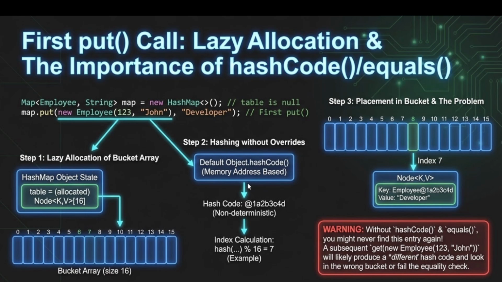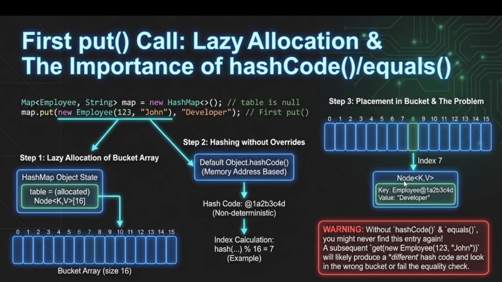We have not created any custom hash code method here, so the default object hash code method will be called, and the hash code will be generated as per the hash code method. It is not deterministic. We will check this one as well. Here, the index will be calculated. It is calculated as 7. So, index 7 will be bucket 8 here. So, 0 to 8. This will be called the seventh index.